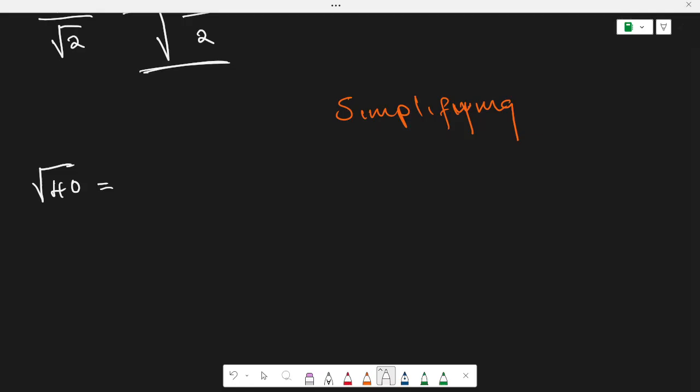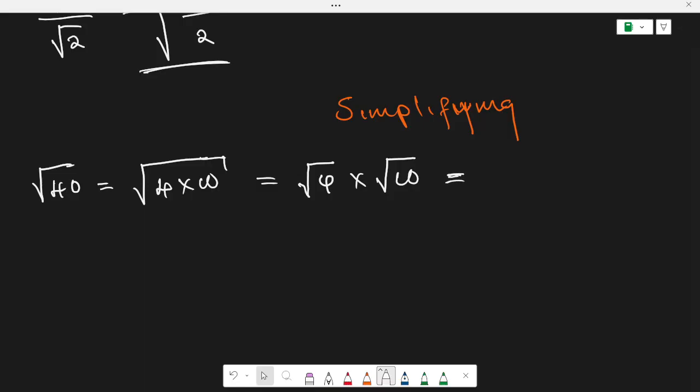So we can write root 40 like this, where you have 4 times 10. And this can be further simplified to root 4 times root 10. And we know what root 4 is. It's just 2. So we write 2 times root 10.